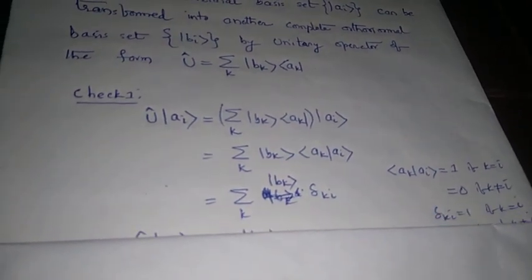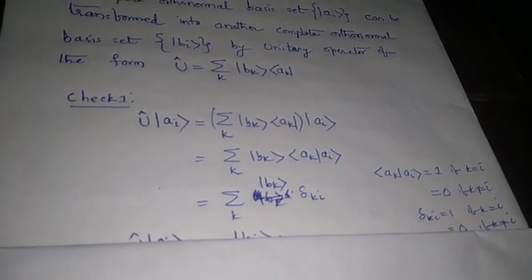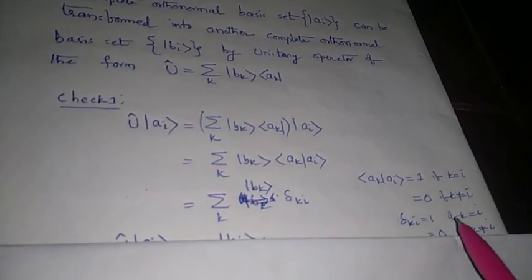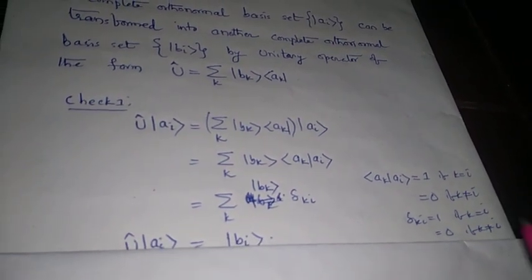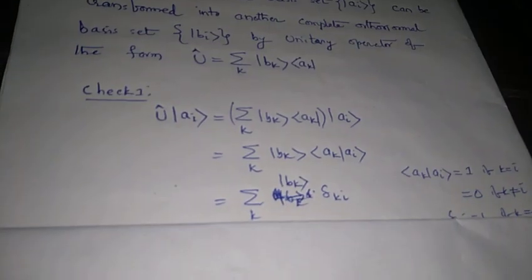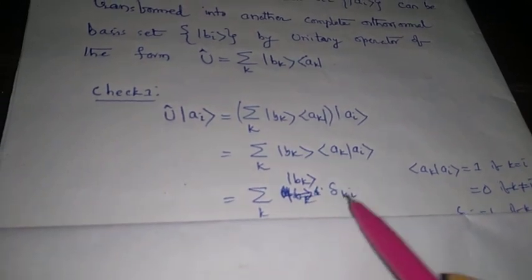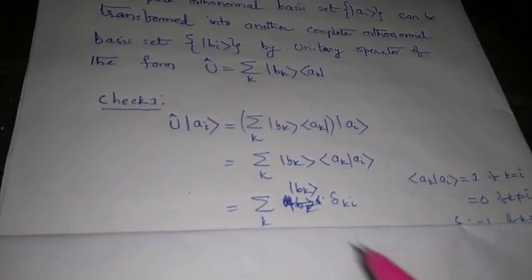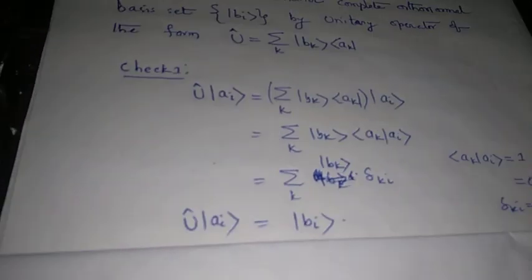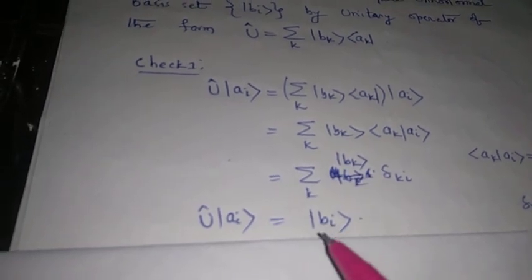The same thing we can also say as our Kronecker delta function delta_ki, which is equal to 1 only when k is equal to i, and equal to 0 when k is not equal to i. So in place of this scalar product, we write delta_ki, and we write this ket b_k as it is. And when the summation is done, we get the answer as ket b_i.